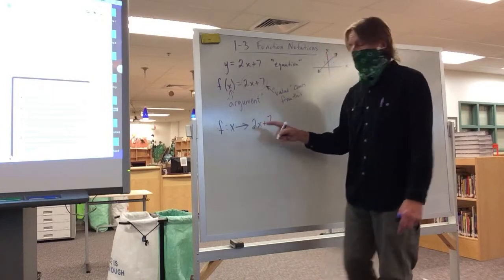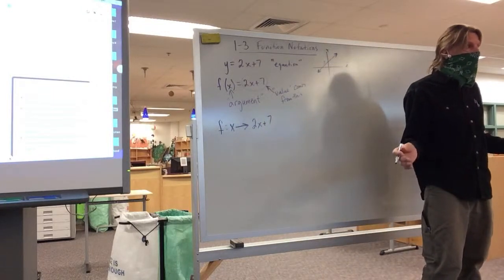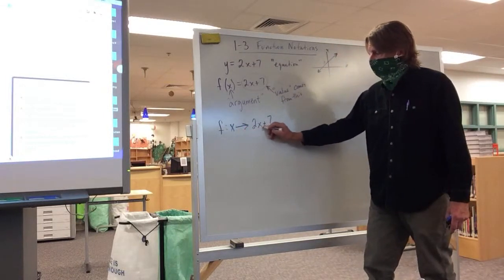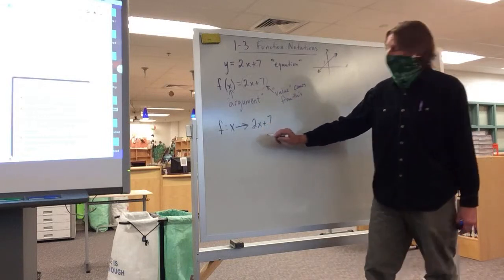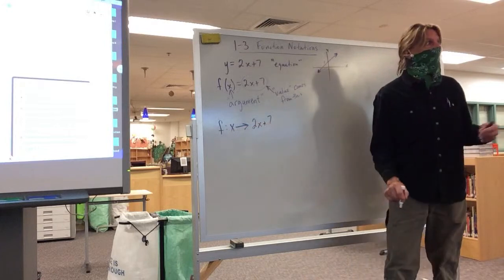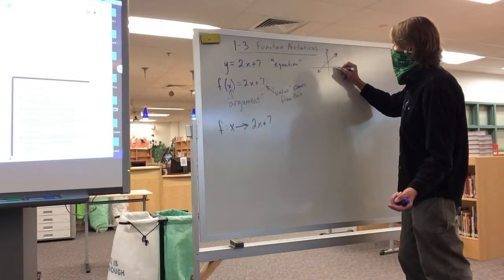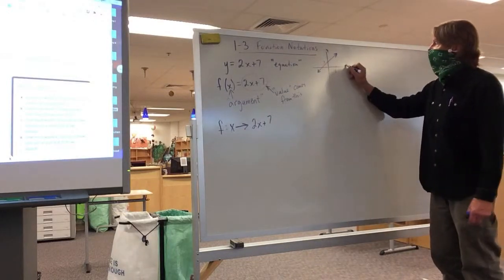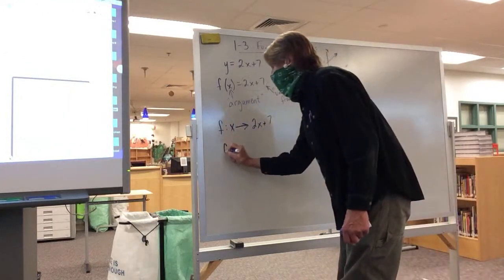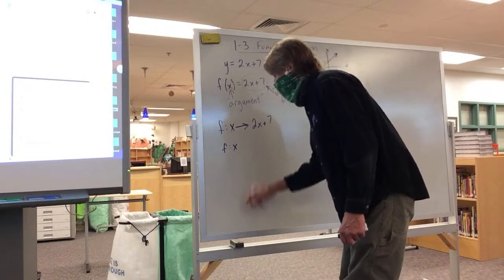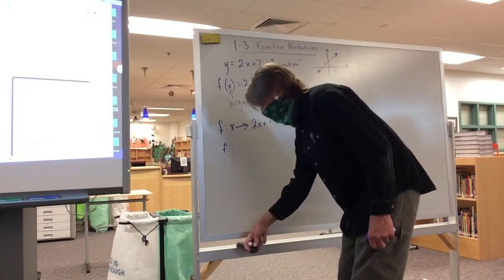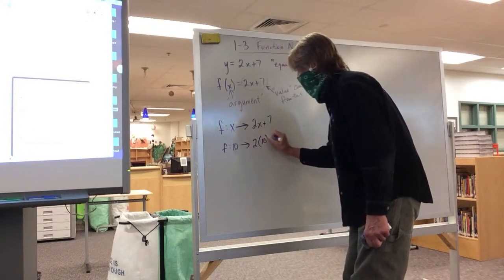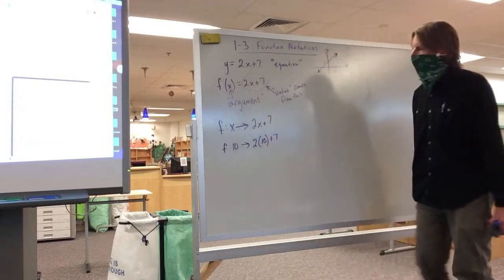So being that 2x plus 7 gives us the output value, we're saying that there is some number of x that gives us this value for an answer. And that number maps onto here. So if you found something out here like 10 on our graph, this x value of 10, f of 10 maps to 2 times 10 plus 7.